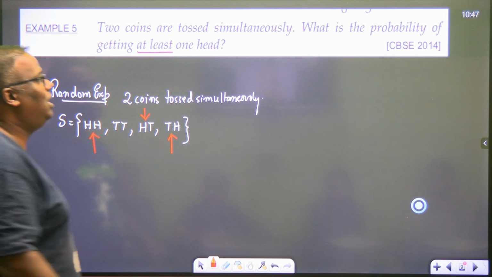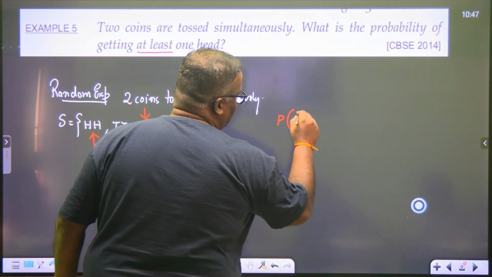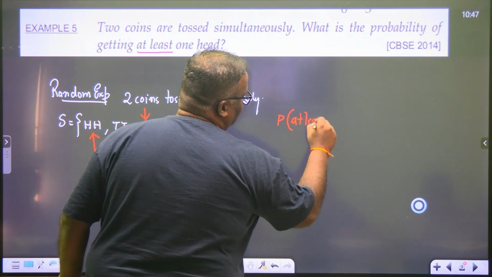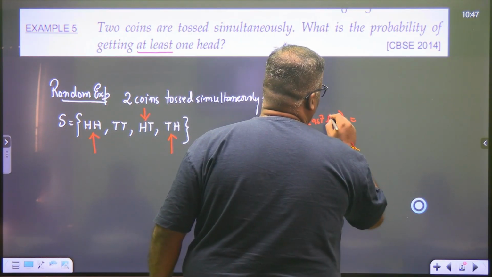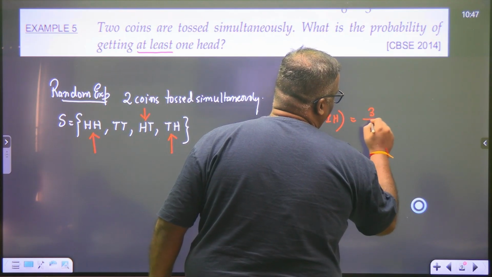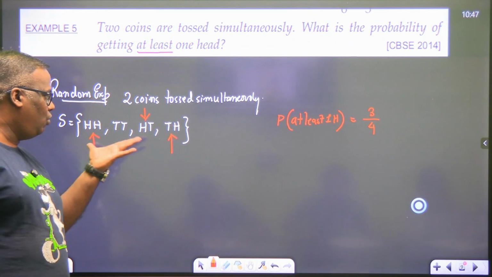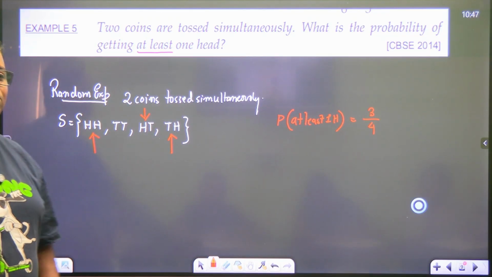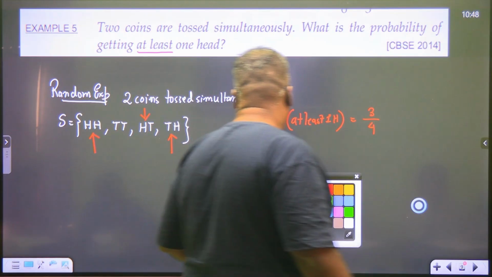At least one head means what is your probability? So we'll write probability at least one head is how much? 3 upon 4. Why 3 upon 4? Have you understood? Out of 4 options, can you tell me at most one head, try to do? At most one head.